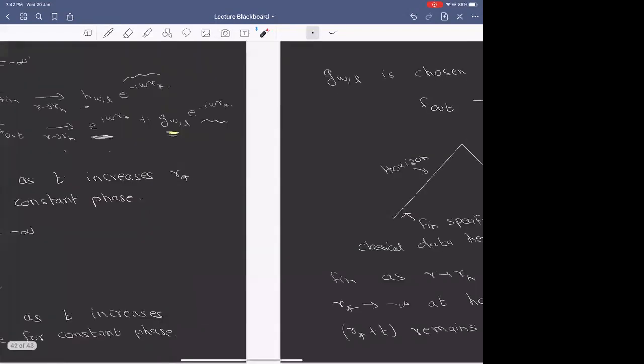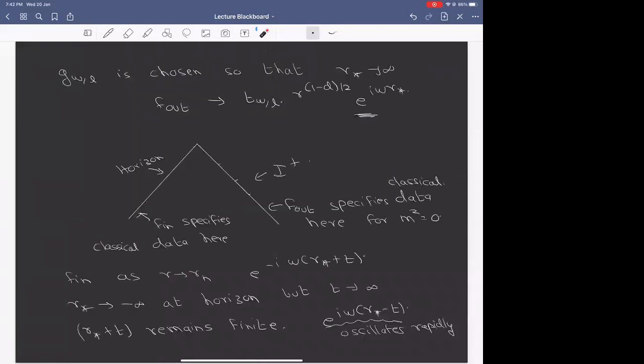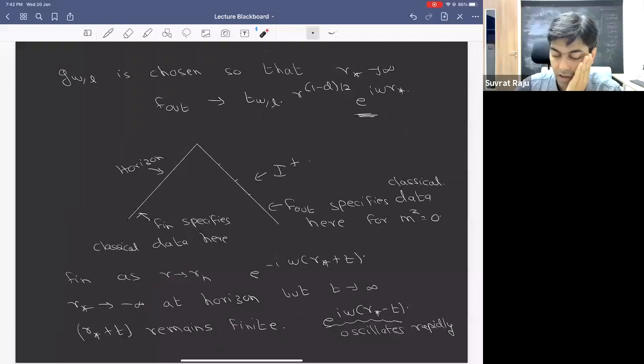Okay. Actually, there are a couple more questions. One is about, I think in this particular slide, why do you have a factor of r to the power 1 minus d by 2? In this slide? That's because if you look at the behavior of the wave equation near infinity, one simple way to think of this is if you think of spherical waves in 4 dimensions, you have an e to the i k r by r, right?